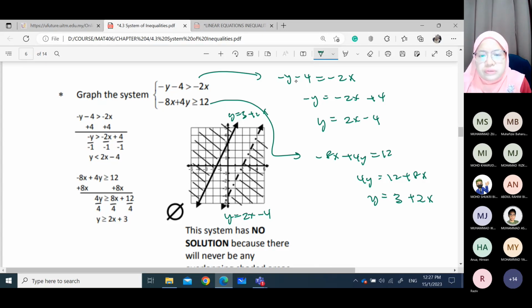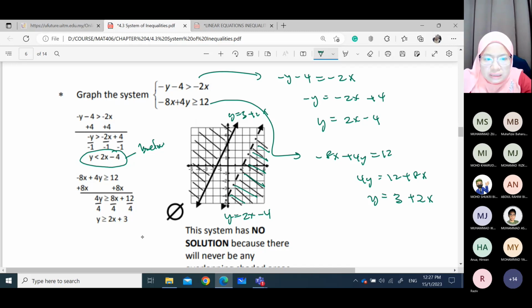Okay, so for this one, we have this region, y is less than 2x minus 4. Okay, so yang ini y is less than. So maknanya region dia berada below of the graph. Okay, so yang dash line graph yang ni berada di bahagian bawah graph. Sinilah, so this is the region.